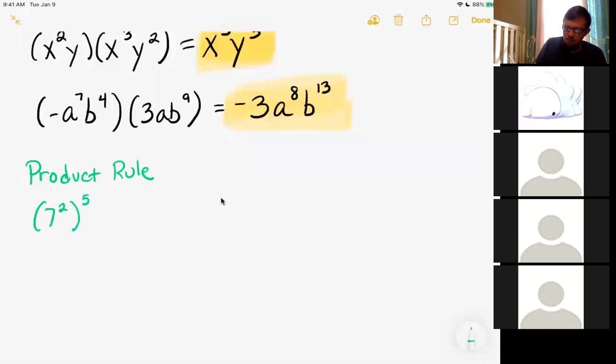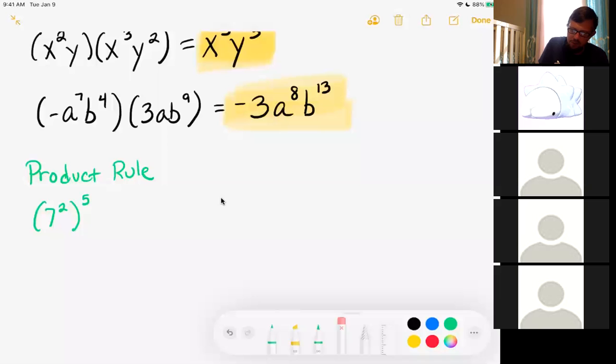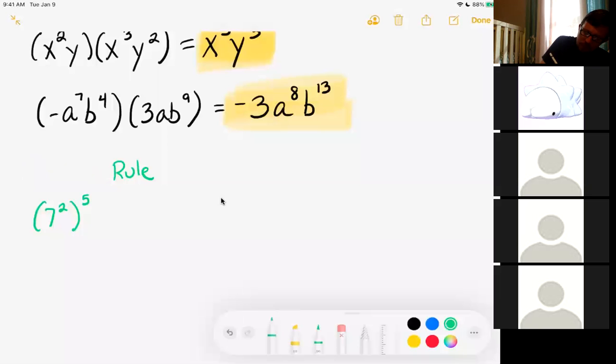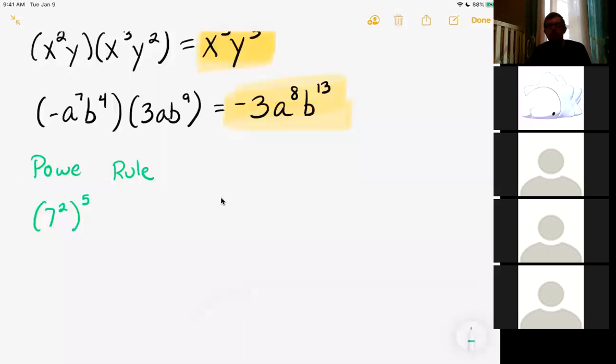Sorry, I just did product rule, didn't I? Power. You were just going to let me go all the way down and be like, wait, there's another product rule? The power rule. And it's called the power rule because it's got 2 powers in it, or 2 exponents in the same problem. One base with 2 exponents.